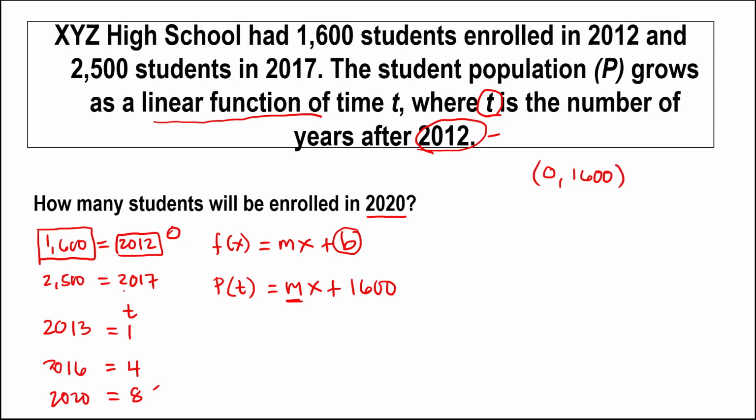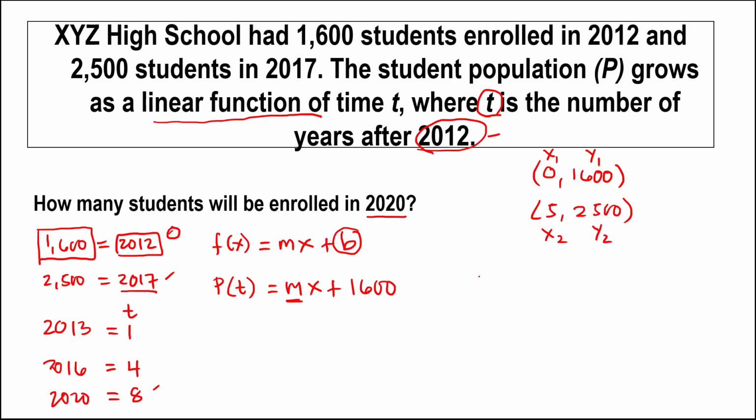Then for the second, in 2017 the time is 5, because 5 plus 2012 is 2017, and the total population is 2,500. So we're going to use these as our coordinates to solve for the slope. This is x sub 1, y sub 1, and this is x sub 2, y sub 2.